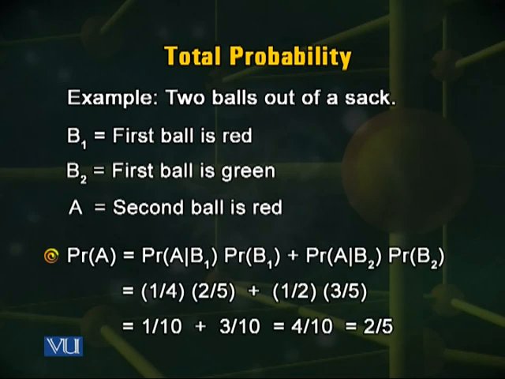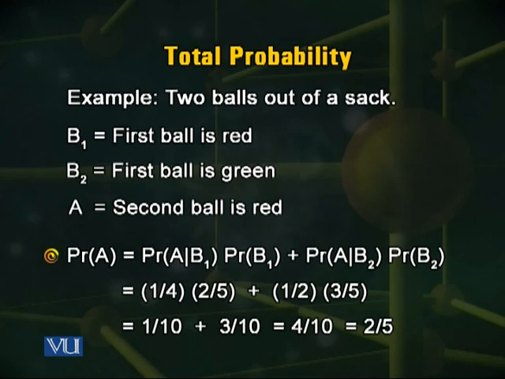Hence, the probability of A, that is the second ball being red, is equal to the summation of two things. First is, what is the probability of the second ball being red given that the first ball was red? And you multiply that with the unconditional probability of the first ball being red.